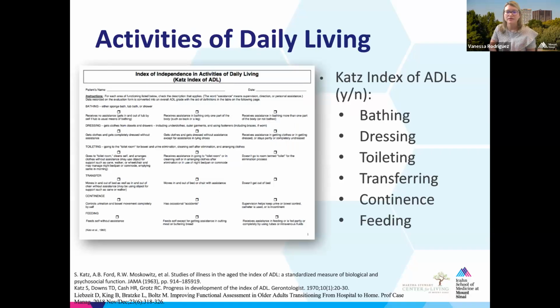Bathing, dressing, toileting, transferring, continence, and feeding. And the Katz Index of Independence in Activities of Daily Living basically asks what is the level of independence, whether you are fully independent, or if you need some assistance, or if you need complete assistance. So that gives you a good overview of a person's ability to do basic activities.